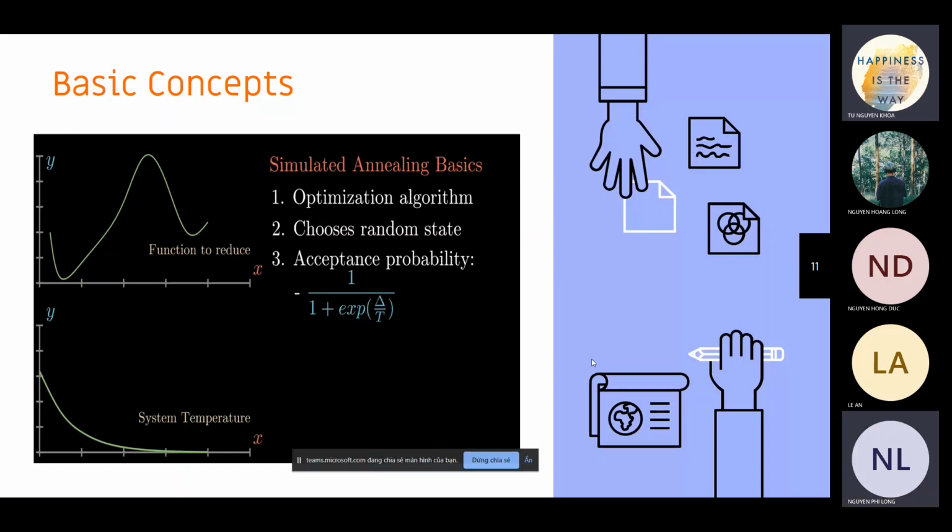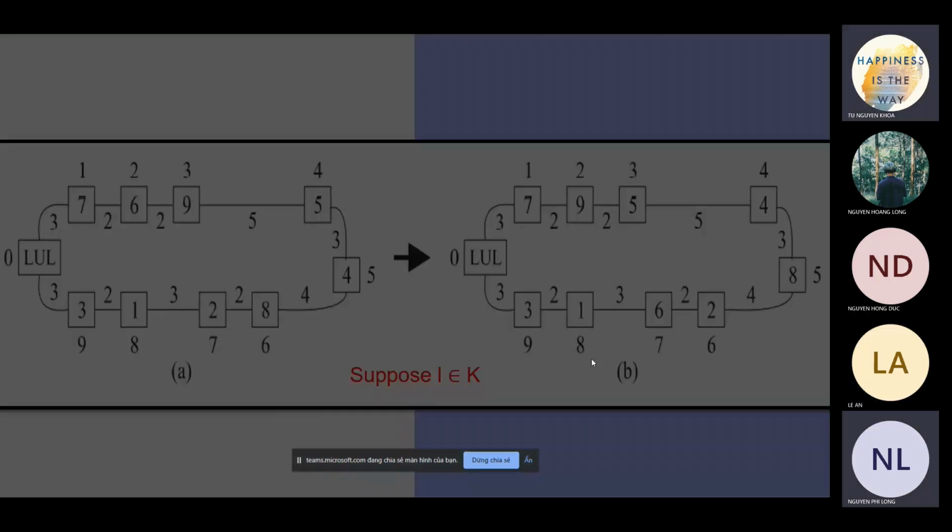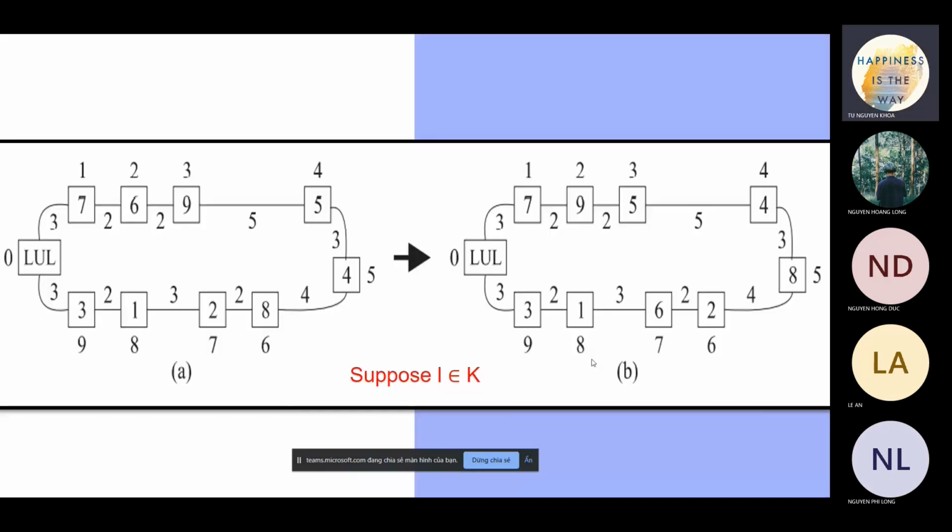Next slide, please. Particularly in the paper, we suppose that L belongs to K. In this part, K7 equals 8, 9, 1, 0, and 1, 2. K8 plus equals 9, 0, 1, 2, 3, and K8 minus equals 4, 5, 6, 7.